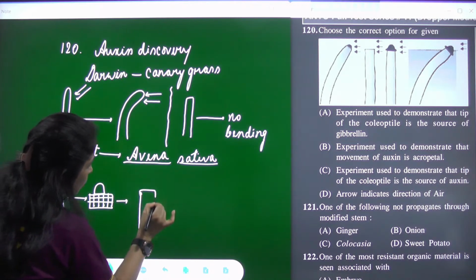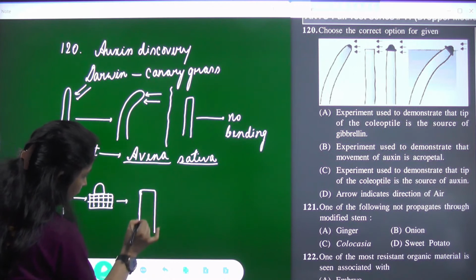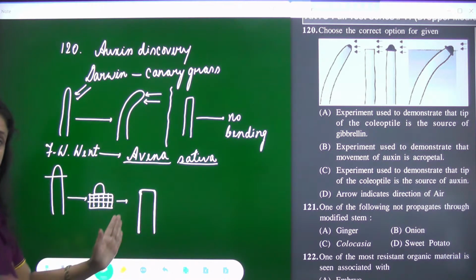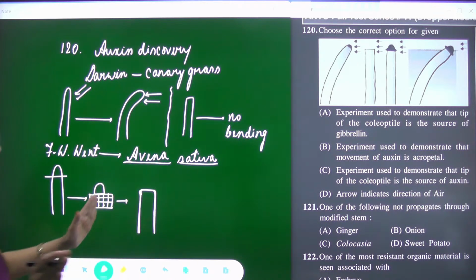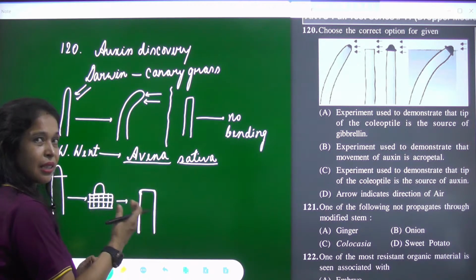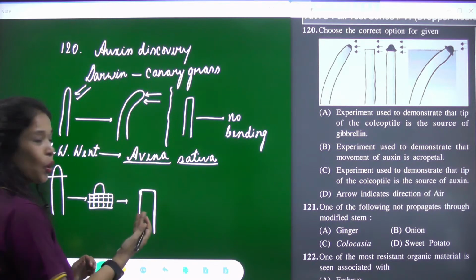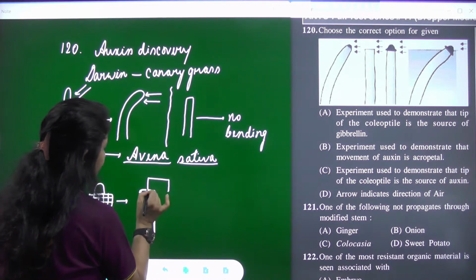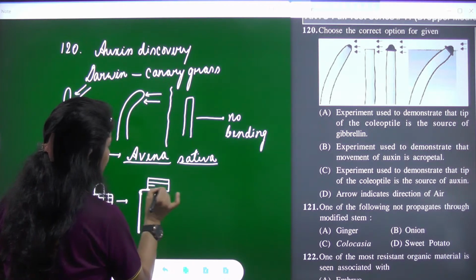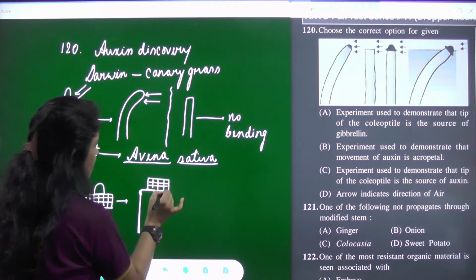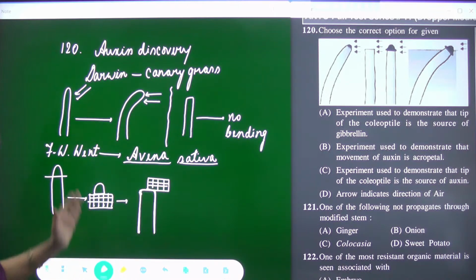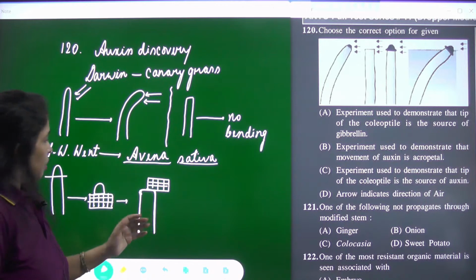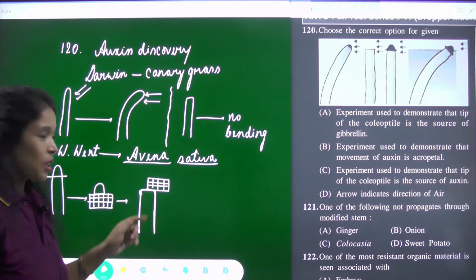Next, this is the cut coleoptile, the stem part without the coleoptile. On this stem without coleoptile, the agar block was placed eccentrically, asymmetrically. See how it was placed. So what did he observe?